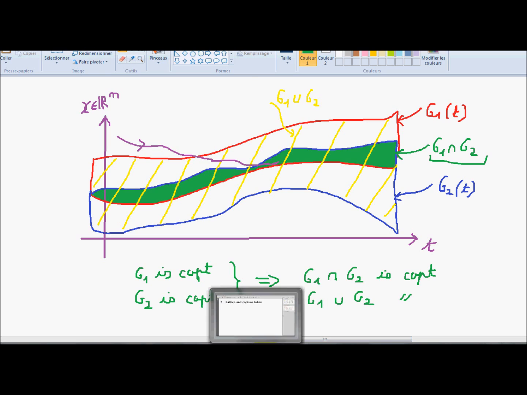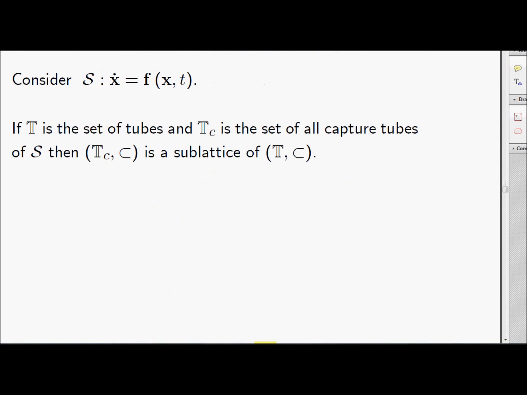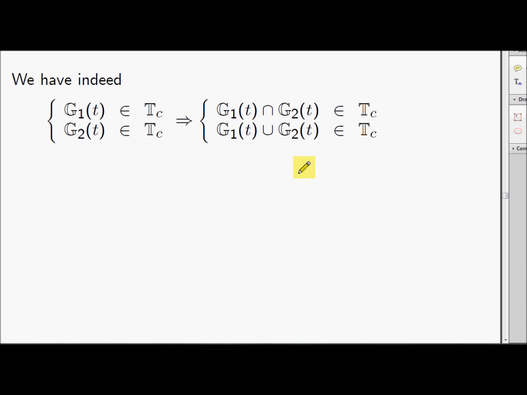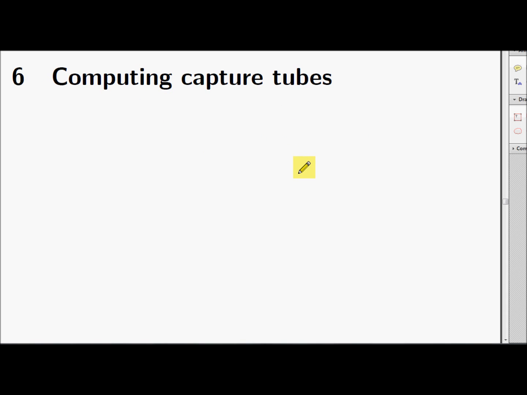So it is what is written here. The set of capture tubes is a sublattice of the set of tubes with respect to another relation which corresponds here to the inclusion. Okay. How can I compute a capture tube?